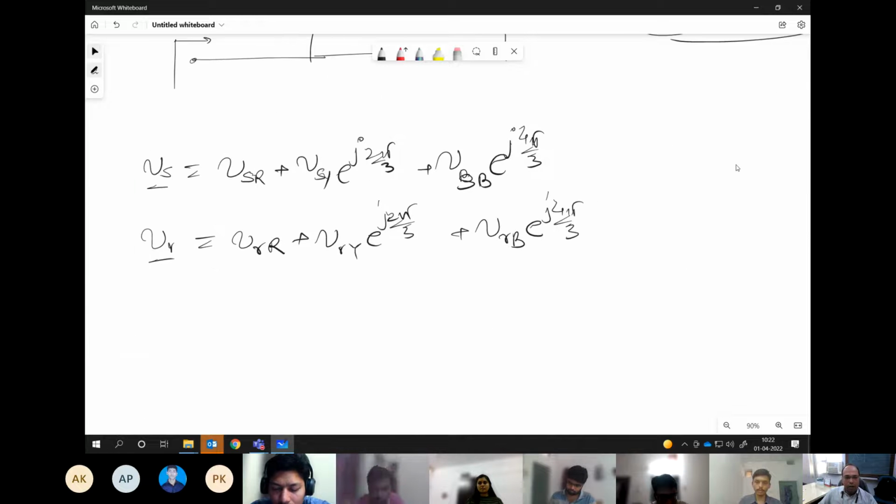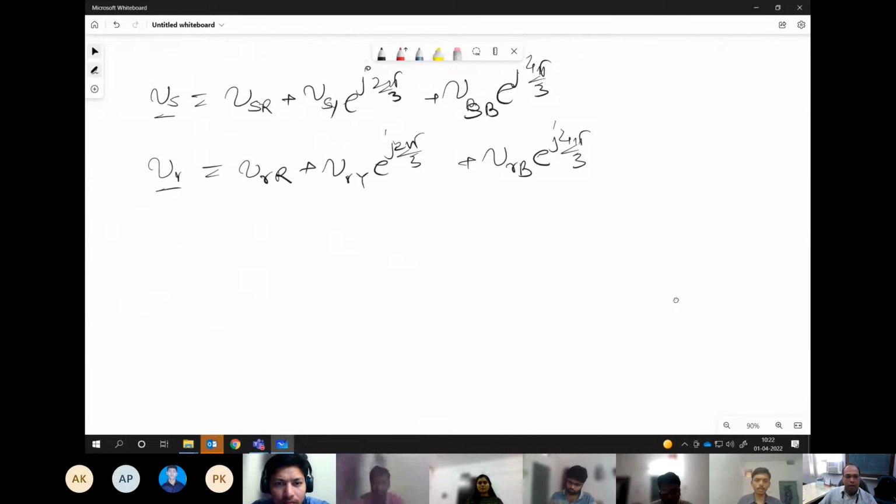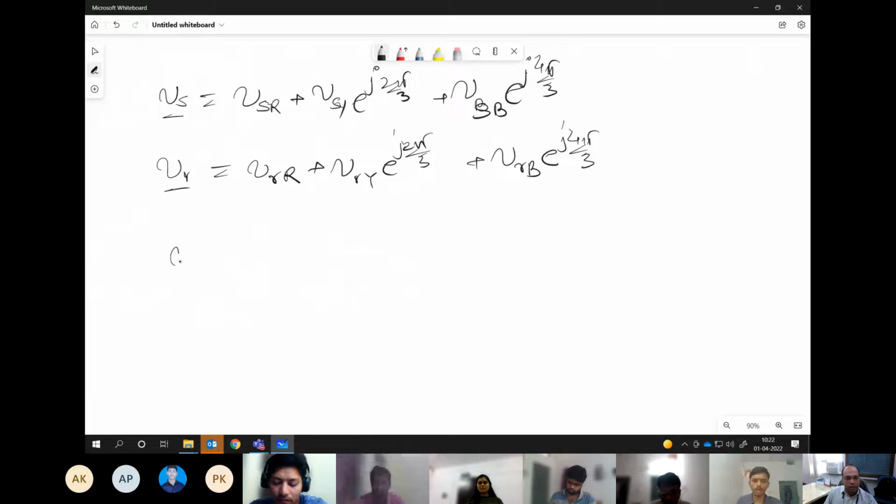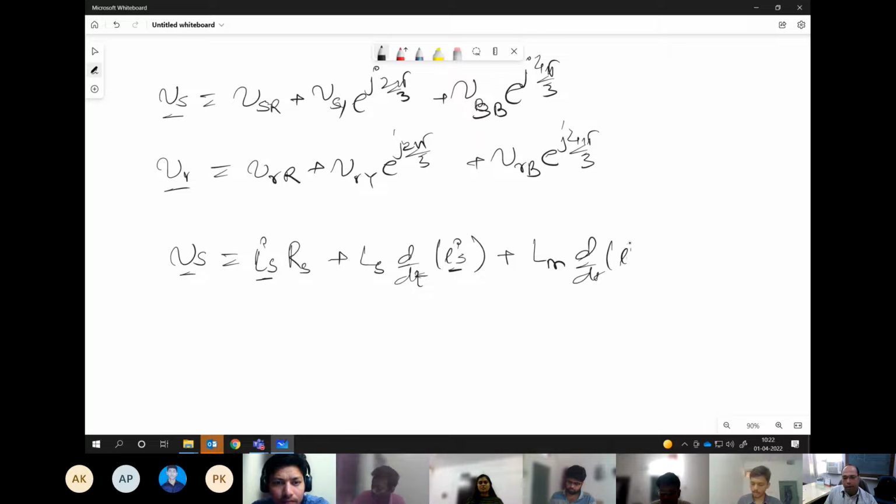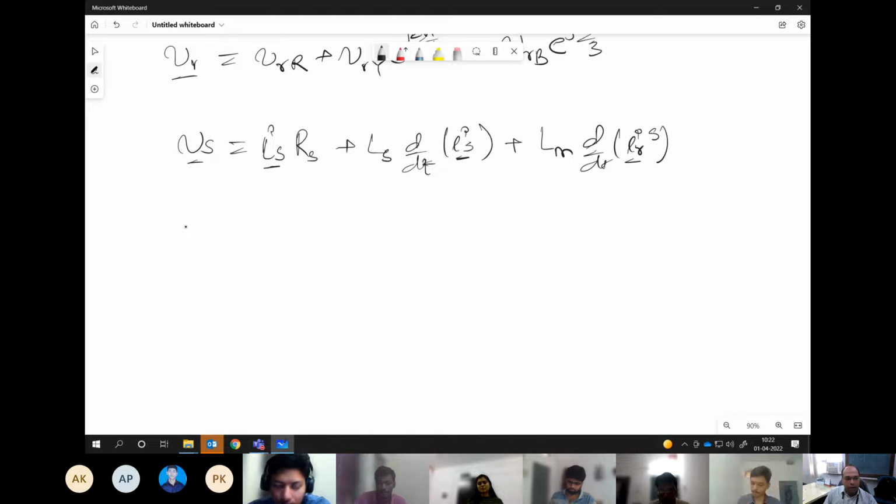So what the equation would look like from here: this Vs vector will be equal to Is vector times Rs plus Ls times d/dt of Is vector plus Lm d/dt of Ir vector referred to the stator reference frame. Similarly, we will have the Vr vector.